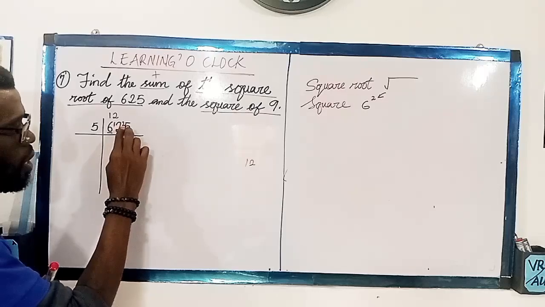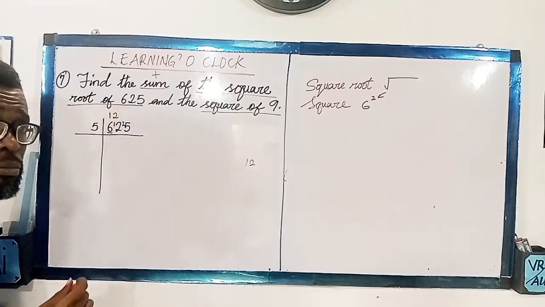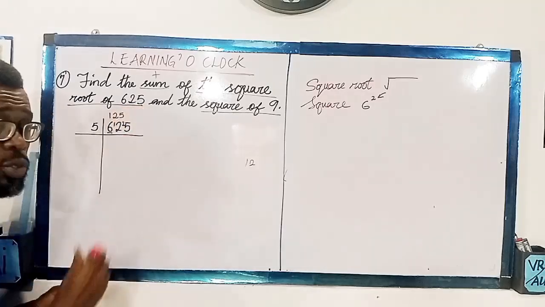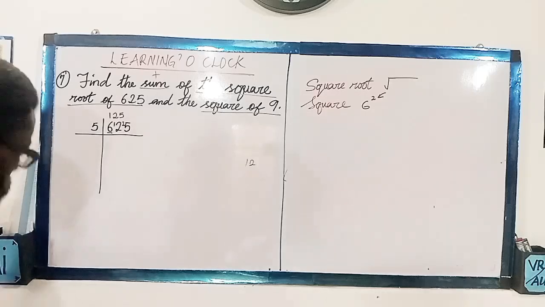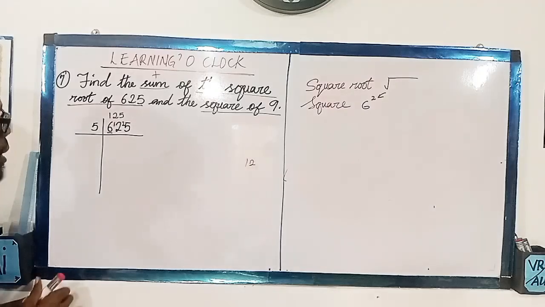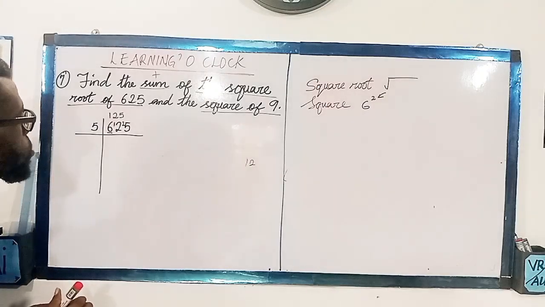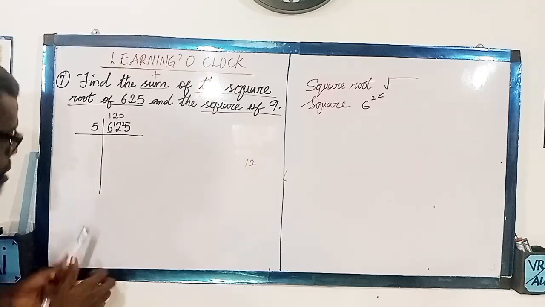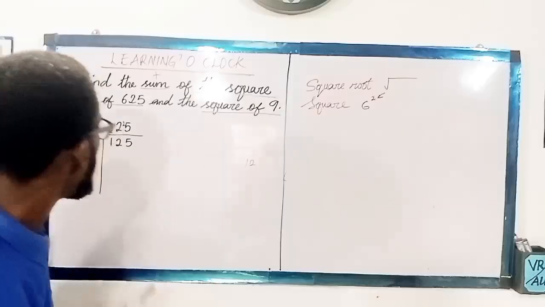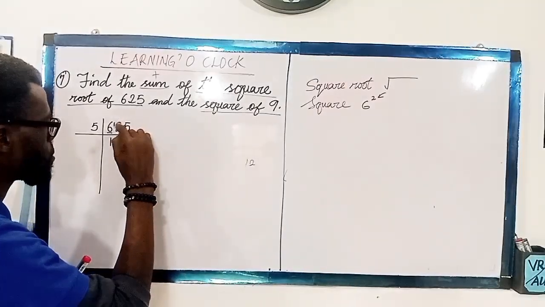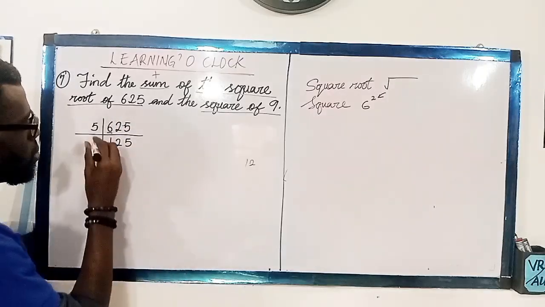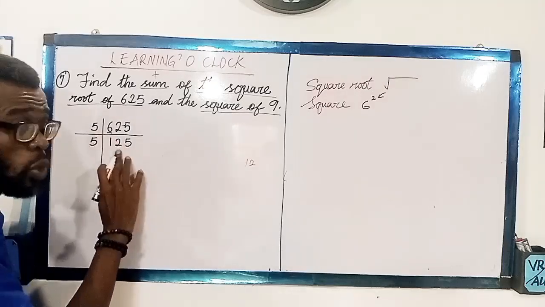So 25 divided by 5. Okay, so what we get to is 5. So that's 125, right? Good. 125. So we'd write it here. 125 divided by 5 again.